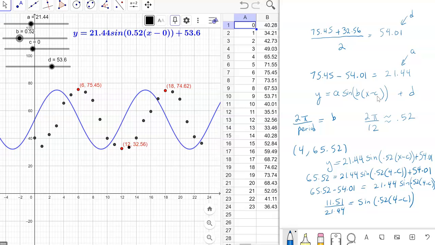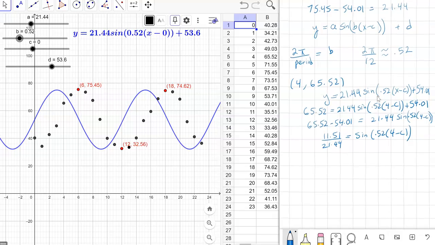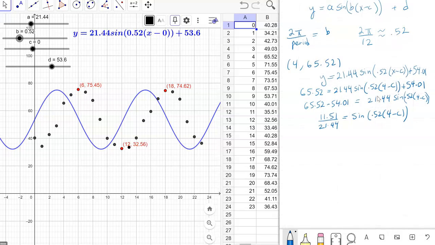Take the inverse sine. So let me move this up a little bit. Take the inverse sine. So I'll have sine inverse of 11.51 divided by 21.44 is equal to 0.52 times 4 minus c.